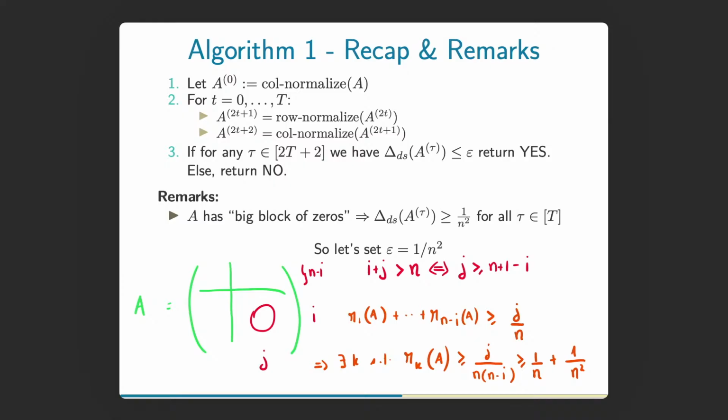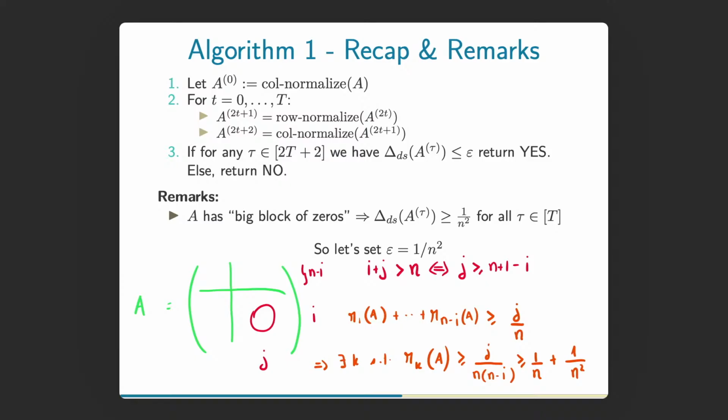And this is the proof here. It's exactly the same proof that we did before. If i plus j is bigger than n, then j is greater than or equal to n plus 1 minus i. If this matrix is already column normalized, then each column sums to 1 over n. But the sum of these entries is less than or equal to the sum of these rows, because these rows contain all of this block.